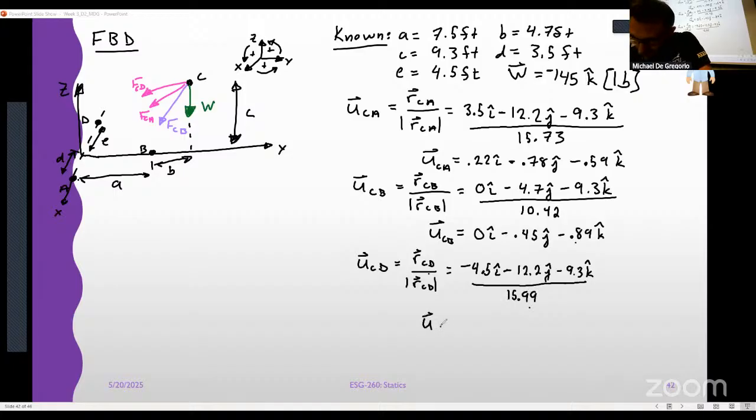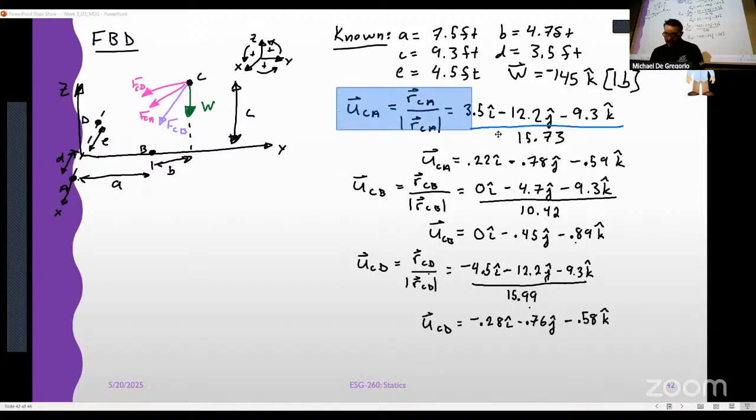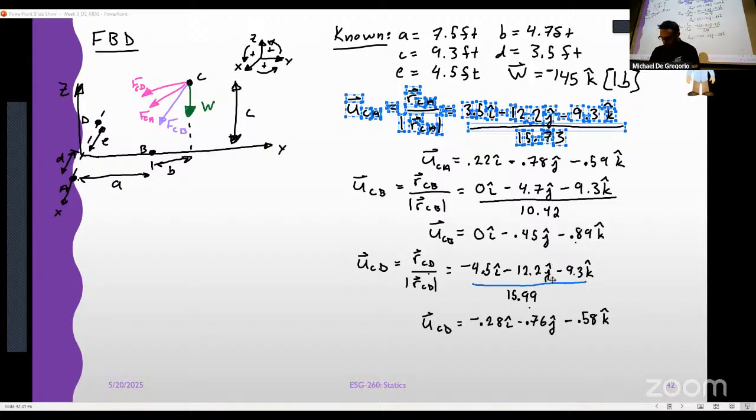So UCD is equal to negative 0.28 I minus 0.76 J. Notice it's pretty similar, right? We're pretty close in all of these. Minus 0.58 in the K. Okay. For the interest of space, I'm only going to save the result of these up here.